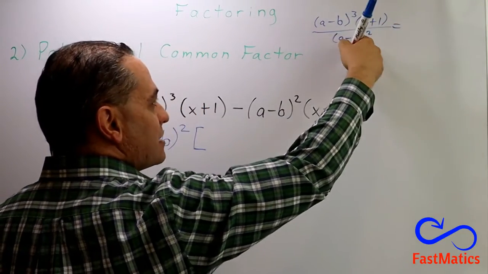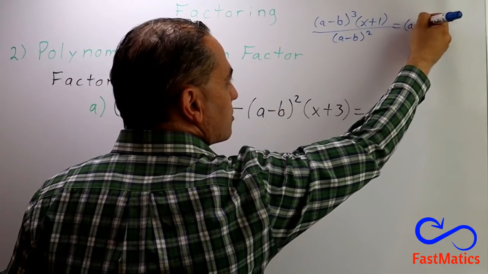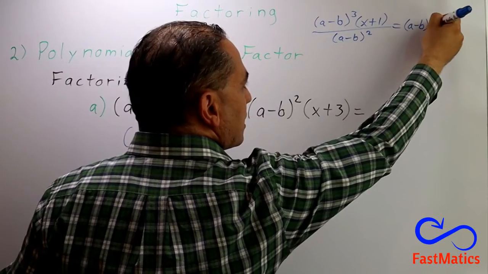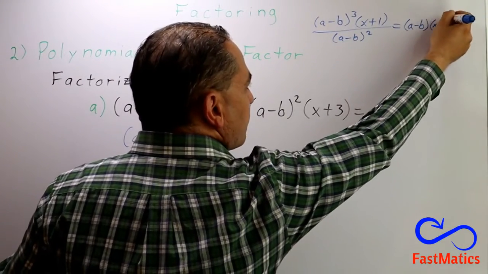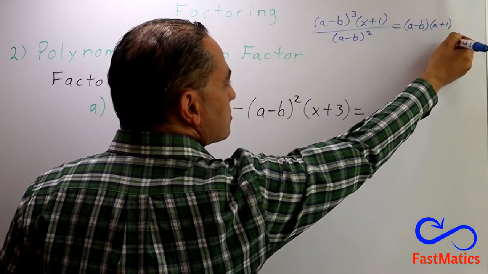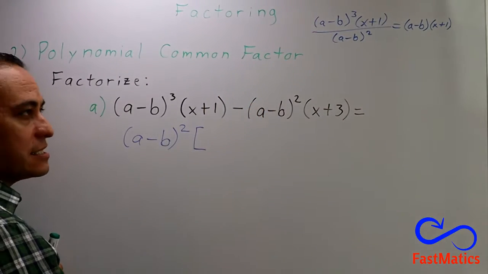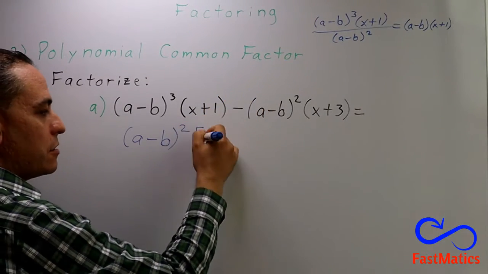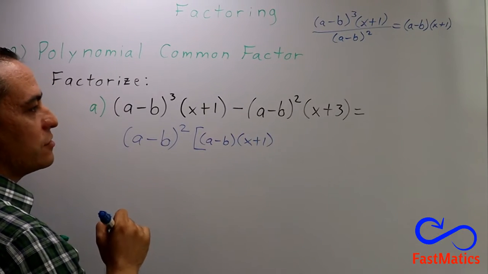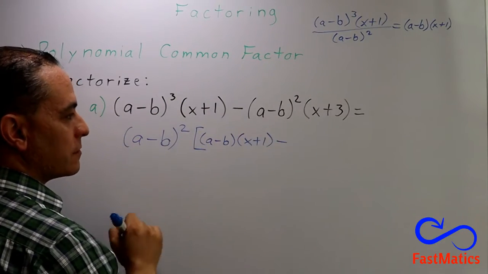Now, for the same base to the power of 3 and to the power of 1, you are going to subtract the exponents, and the x plus 1 doesn't have another x plus 1 for subtracting the exponents, so you leave that as it is. So we are going to write (a minus b) times (x plus 1). After that, negative divided by positive, negative.